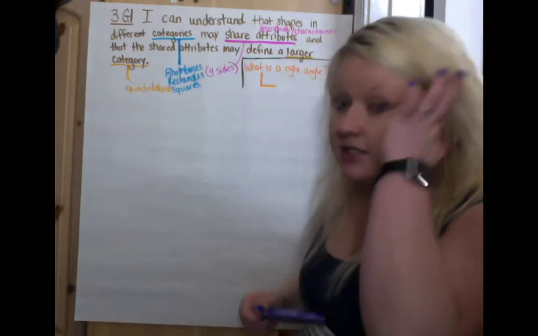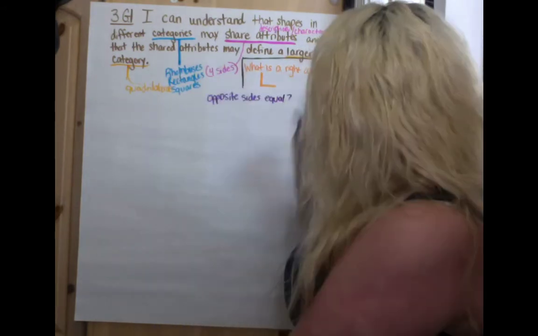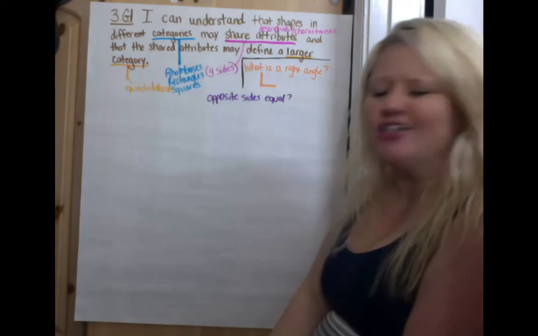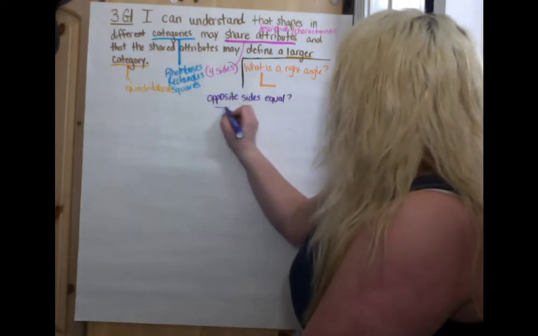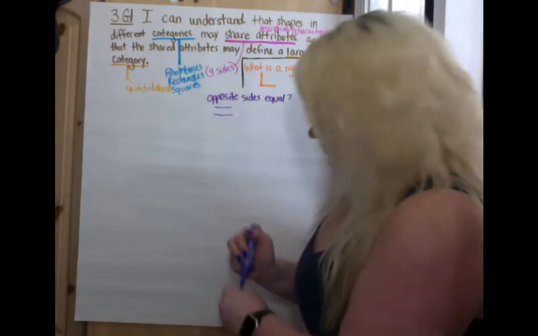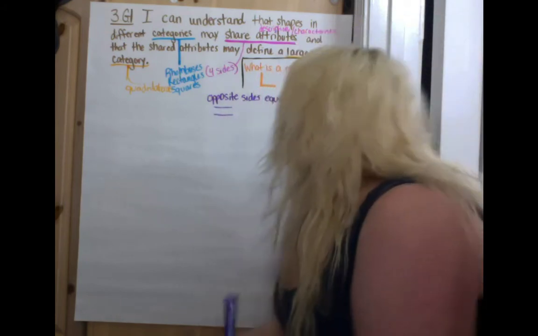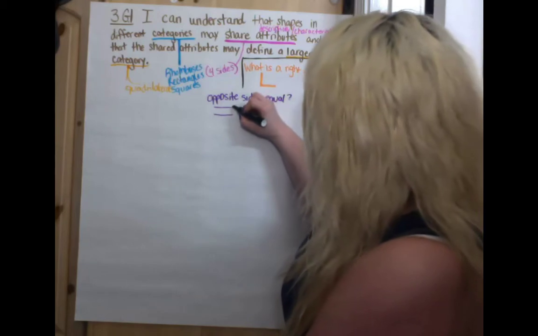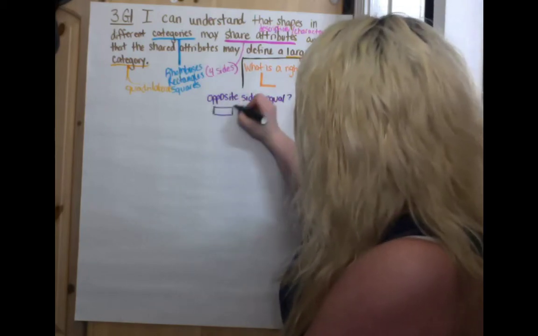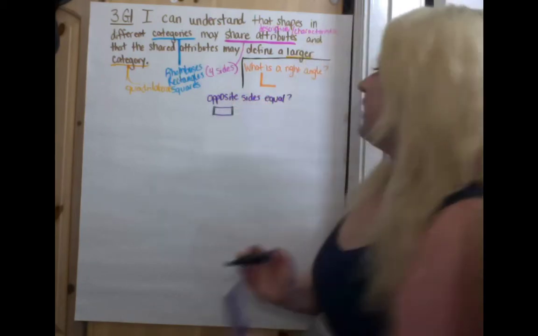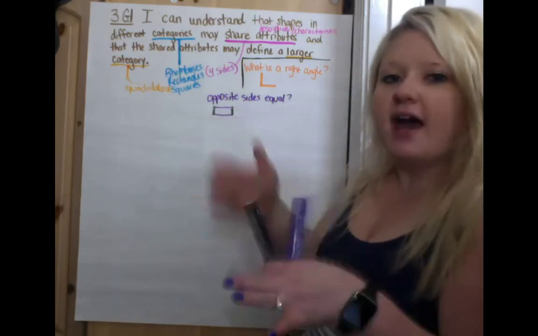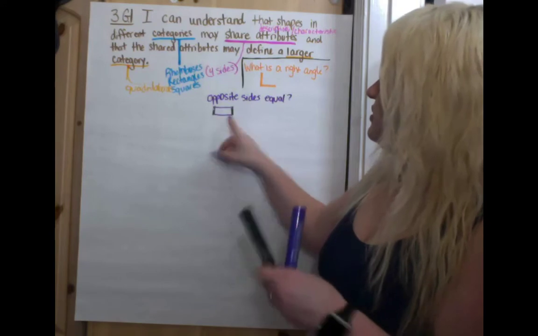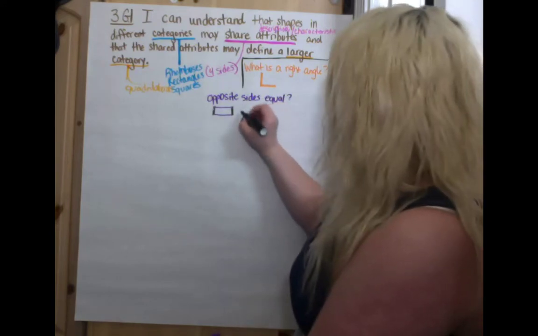Another thing that we need to talk about is, what does it mean if it says opposite sides are equal? So if you have a rectangle like this, opposite sides, these two, are equal.